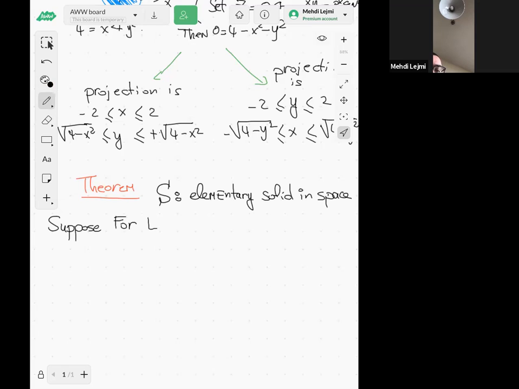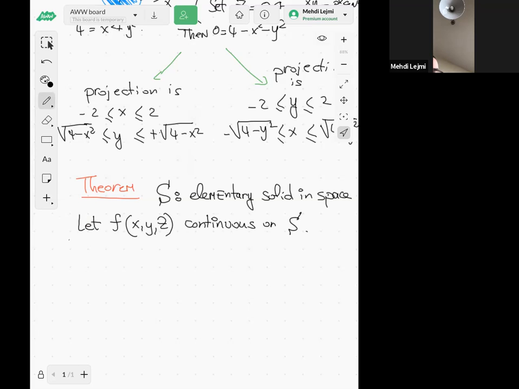Before that, we have a function f of 3 variables, continuous, of course, on S.